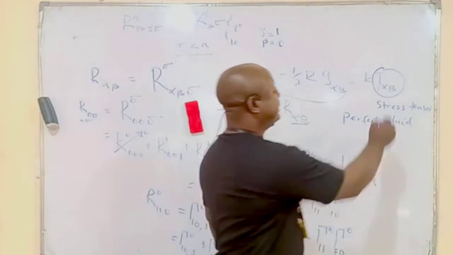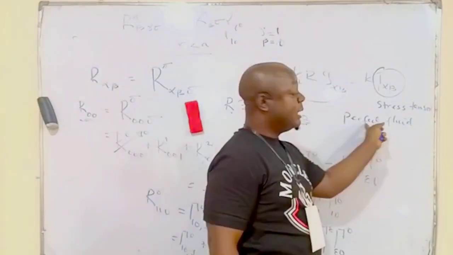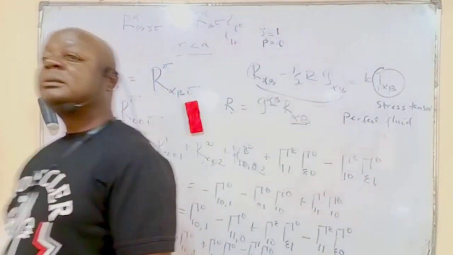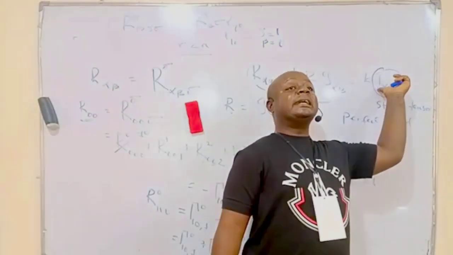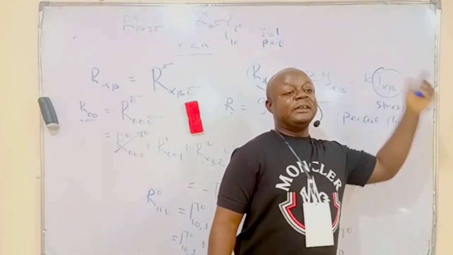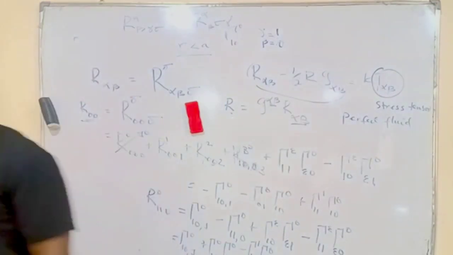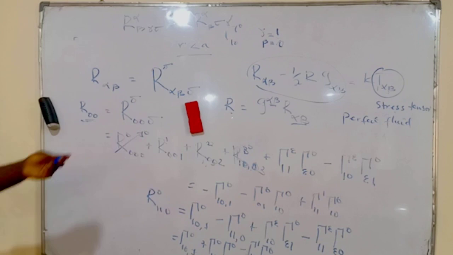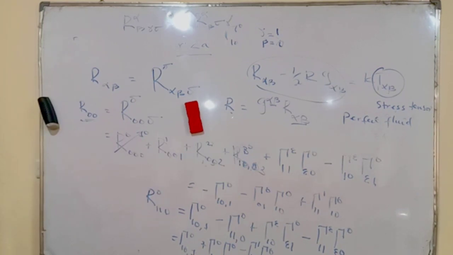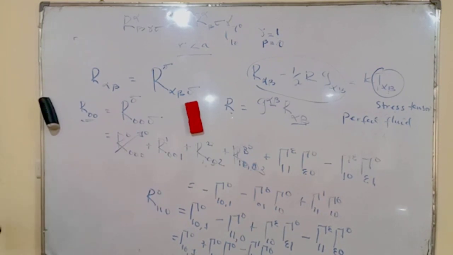Then you can use the stress tensor for a perfect fluid and insert it at the right hand side. Then from there we can start. We have already had our field equations, then we can attempt a solution. Just getting the field equations is good enough, and then we can attempt a solution as well.